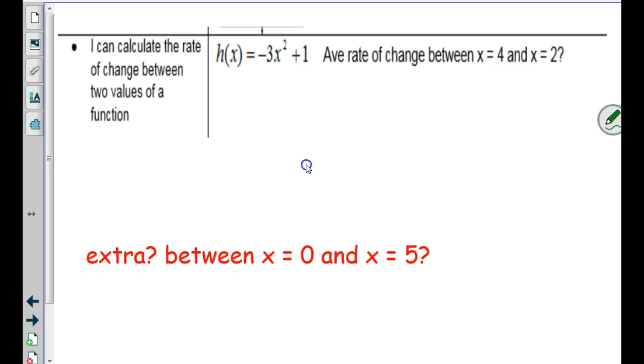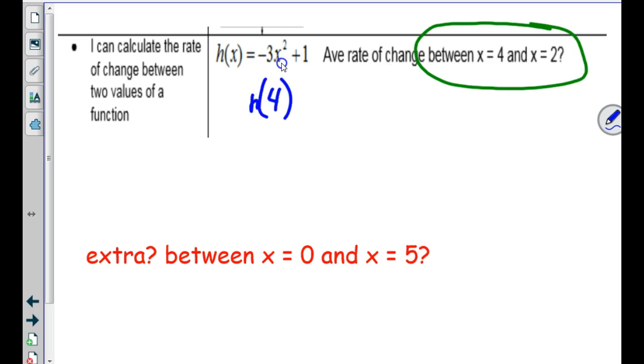Rate of change. How do we find rate of change? We're all doing the review, right? Okay. It is slope. You have to put in a 4. So h of 4, -48 plus 1, -47. Somebody check me, but I don't want to spend too much time on this.